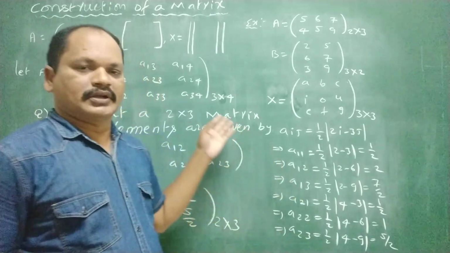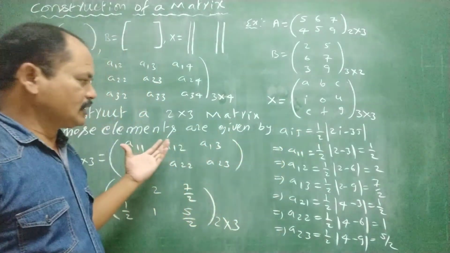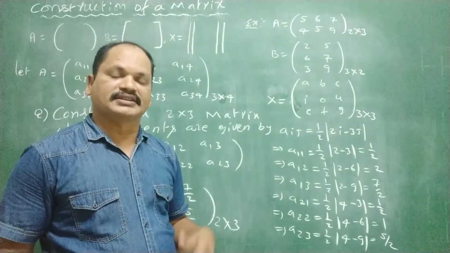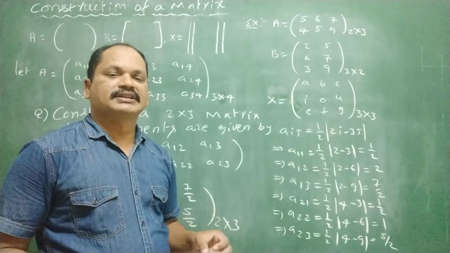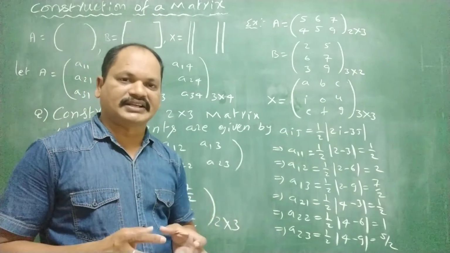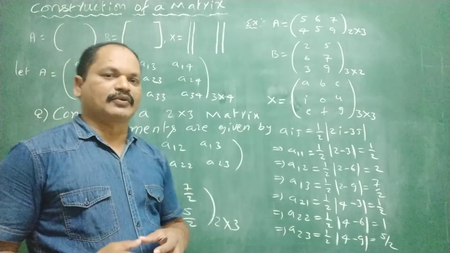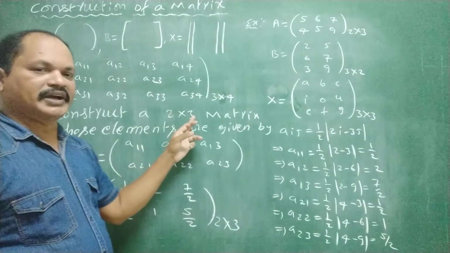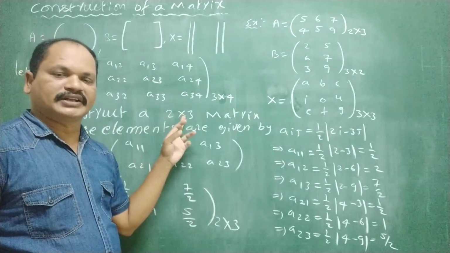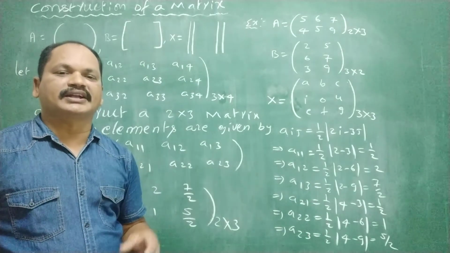According to this condition, we have to find the rectangular matrix or square matrix or singleton matrix or any matrix, depending upon the condition, since the construction of the matrix is related to the number of rows and number of columns. Here, according to this 2 by 3, the required matrix contains 2 rows and 3 columns.